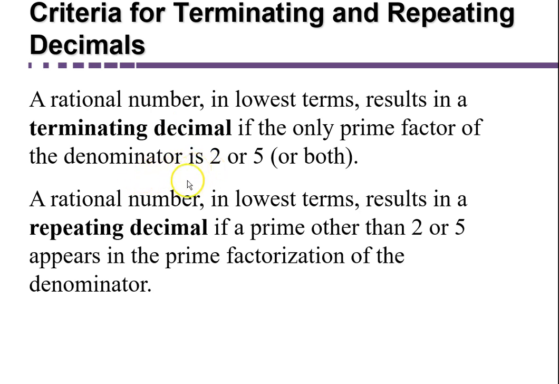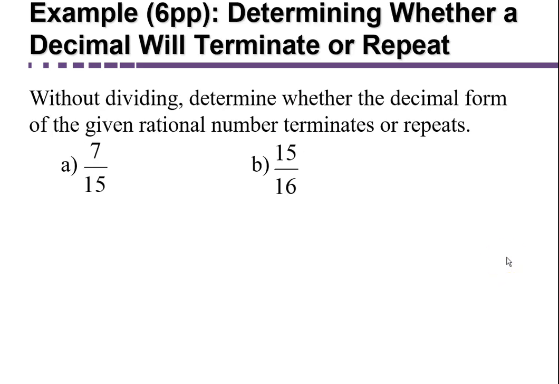Other rational numbers, if it has some other number, such as 3 or 7 or 11 or something, then it is not a terminating decimal, but would be a repeating decimal. So these are the words that I would write as notes. Again, you can pause. But let us check this out.